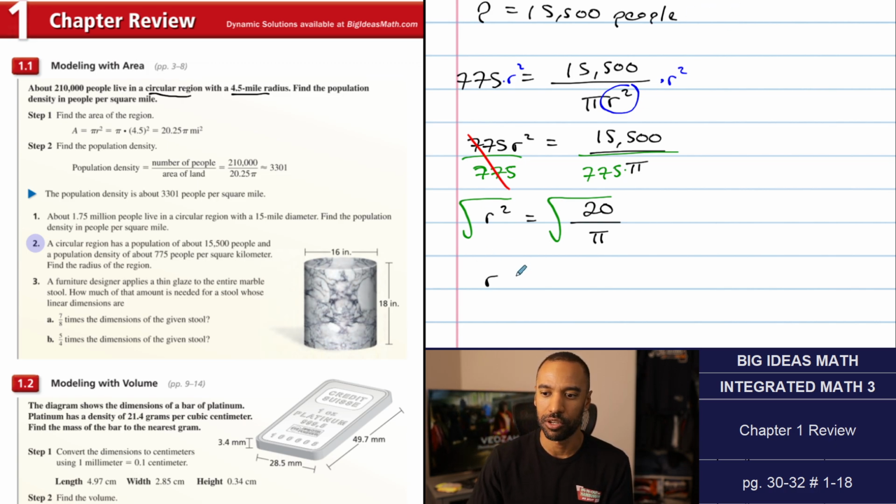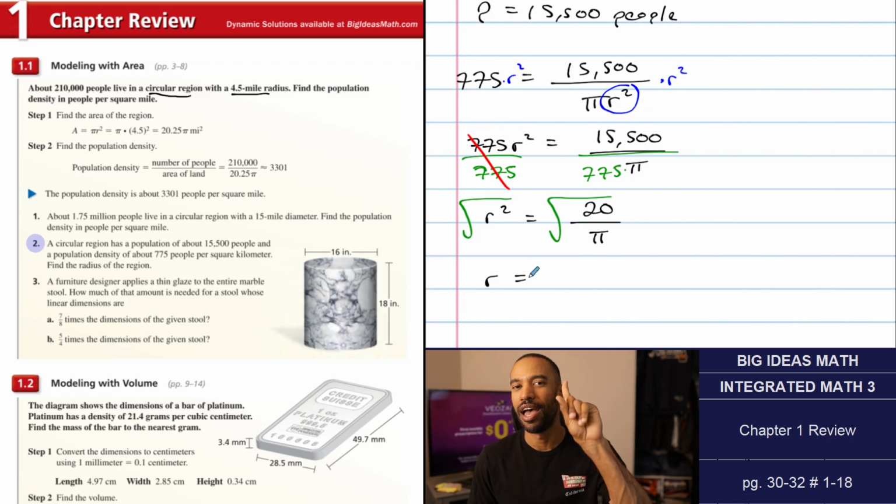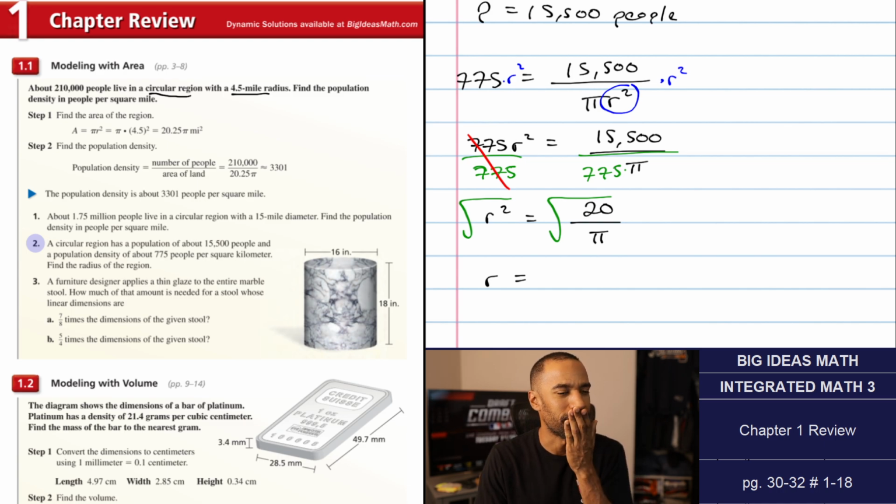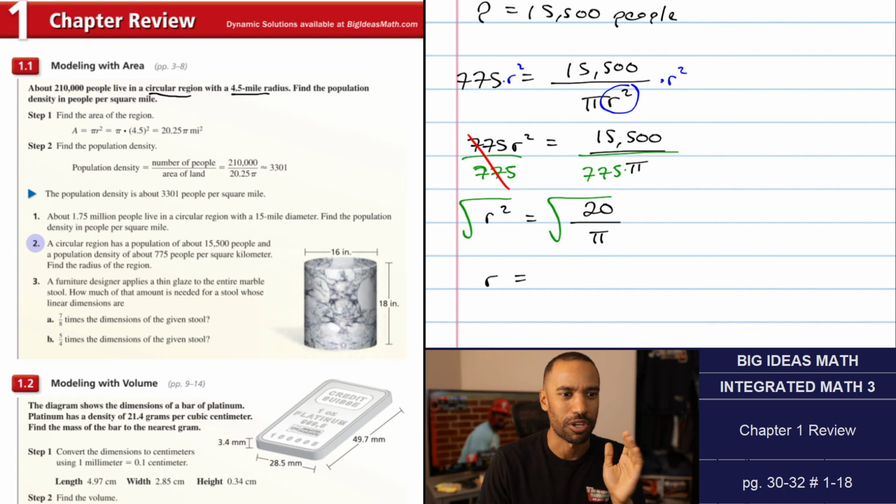And normally when they do something like this, it'll get somewhere close to a number. I'm guessing it'll be around 2.4 or something. Let's see. 20 divided by pi. And then the square root of that. Oh, it's a little more than 6. Square root, then it's going to be around 2.5.